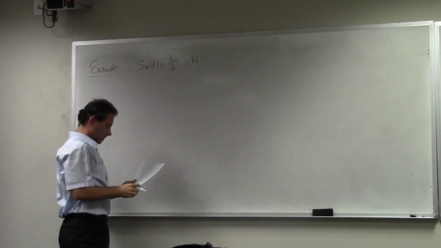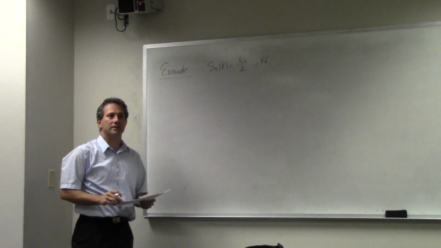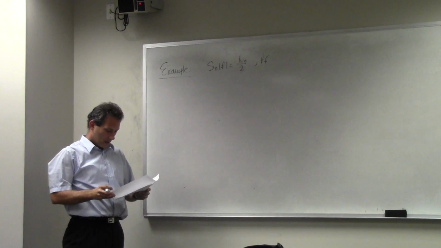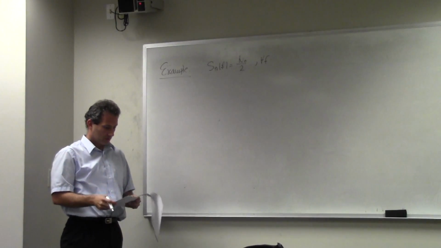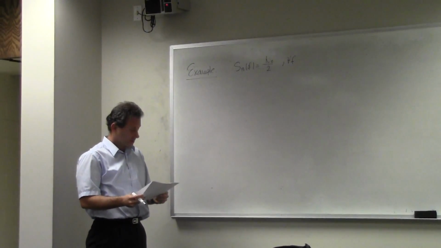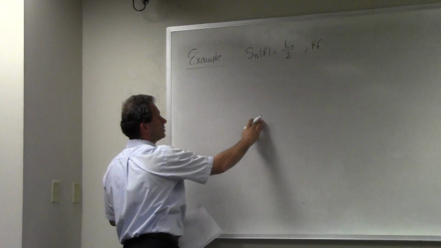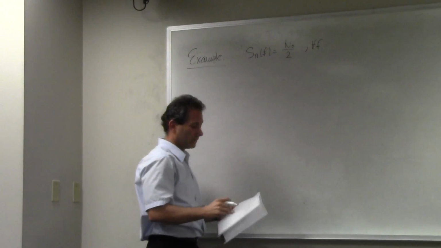So this is a process that has a constant power spectral density. We have a name for that process. How do we call that process? White noise, right? So this is a typical way how we model white noise.